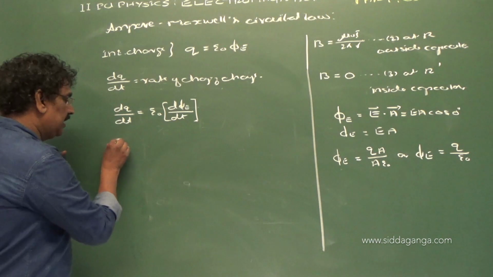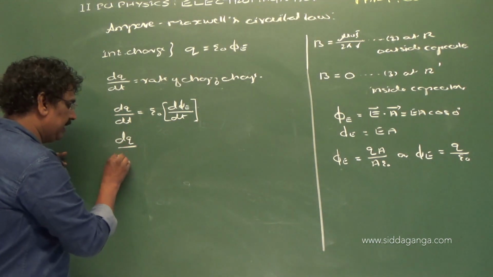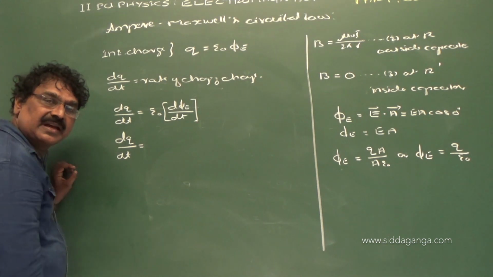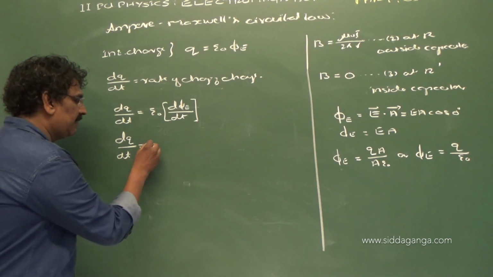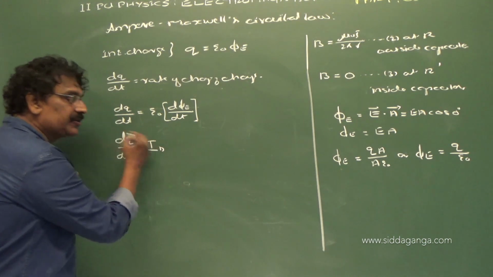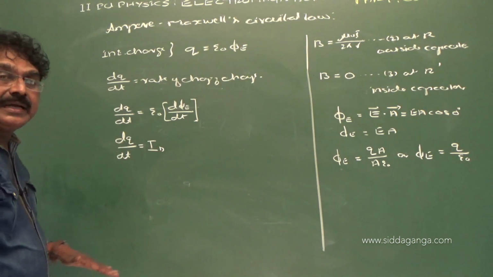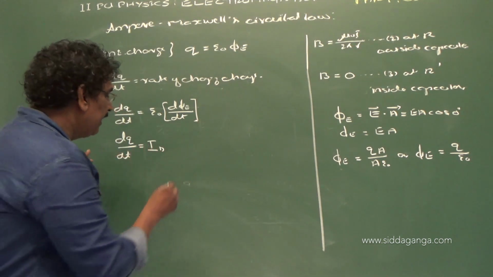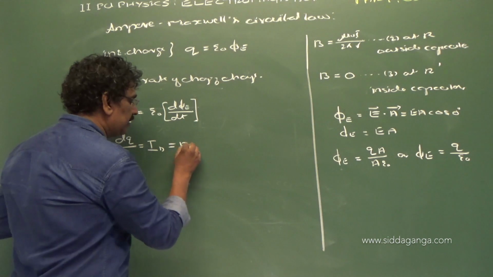Now this dq by dt, the rate of change of charge on the plates of the capacitor, is called displacement current, and it is denoted by ID.